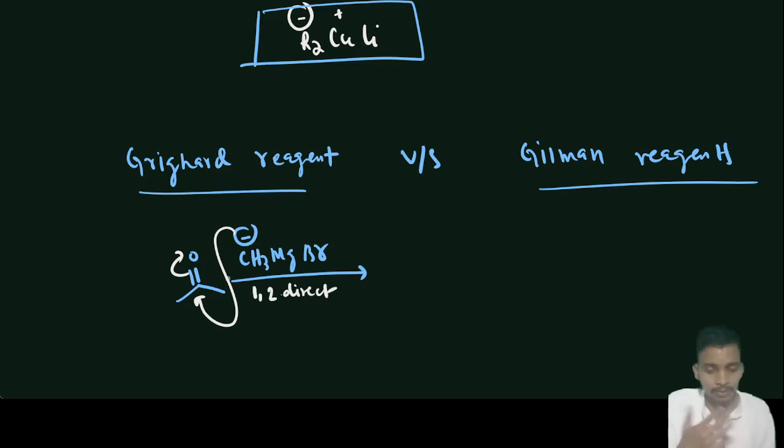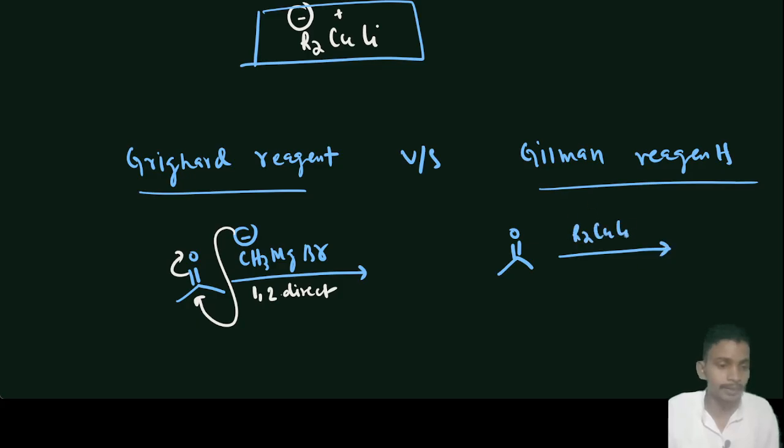That we discussed in the previous class. Now in the same case with Gilman reagents, if we give these types of carbonyl groups and attack with R2CuLi, then this will not react here.